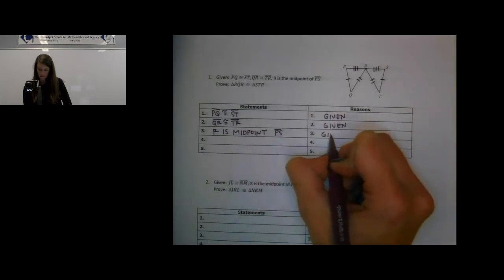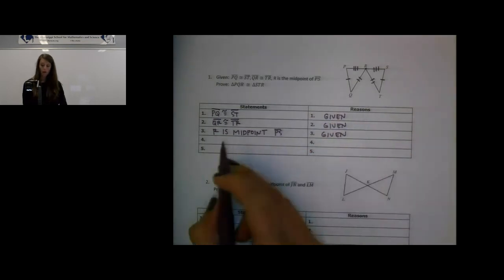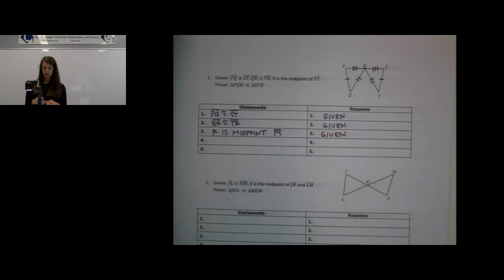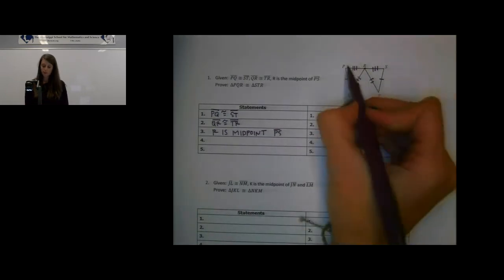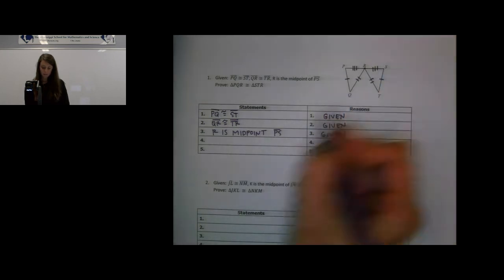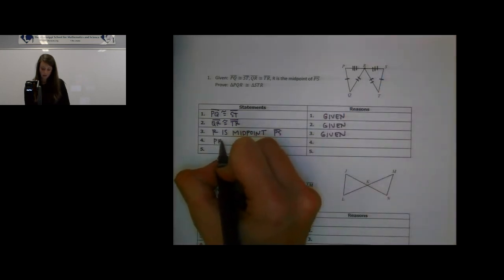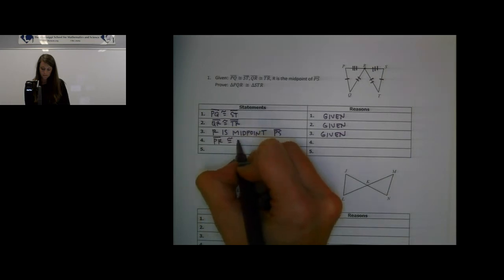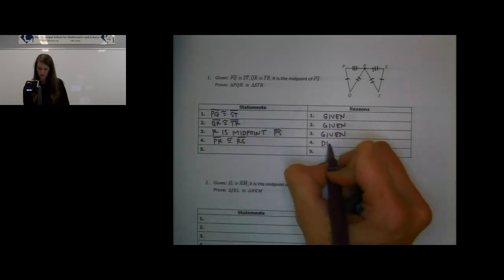So that was also given. So if R is the midpoint, then that means that PR is congruent to RS by the definition of a midpoint.